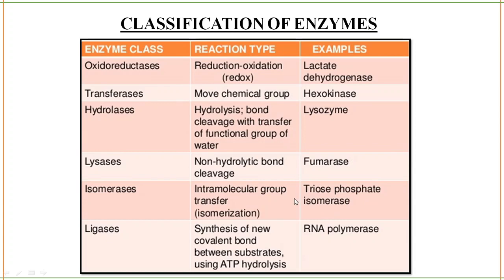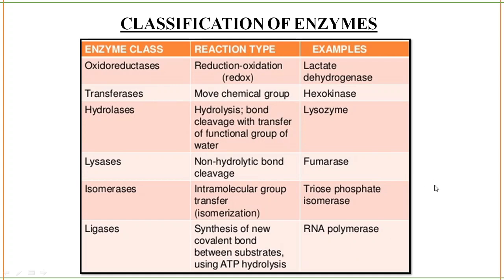Next is ligases. Ligases means joining, synthesis of new covalent bond between substrates using ATP hydrolysis, which means ATP is used in this process. Example is RNA polymerase. So this is the classification of enzymes. You have to know the classification of enzymes. It is not much. Just know the names and the function each performs. If possible, remember the examples also. They might ask you the examples.